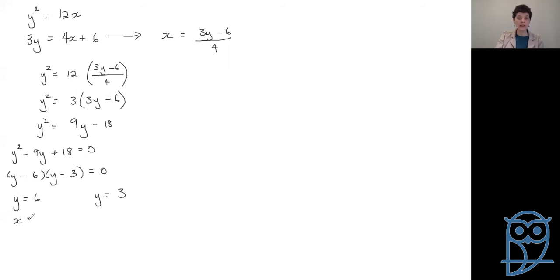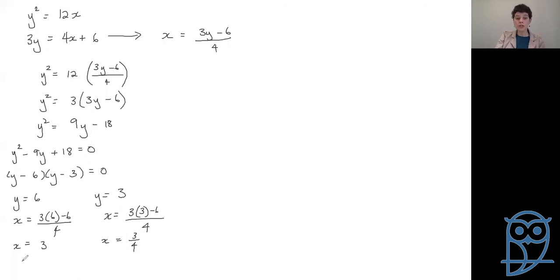Then we get x equals 3 times 6 minus 6 over 4. So x equals 18 minus 6 over 4, which gives us 3. And we have x equals 3 by 3 minus 6 over 4. So x equals 9 minus 6 over 4, which is then 3/4.